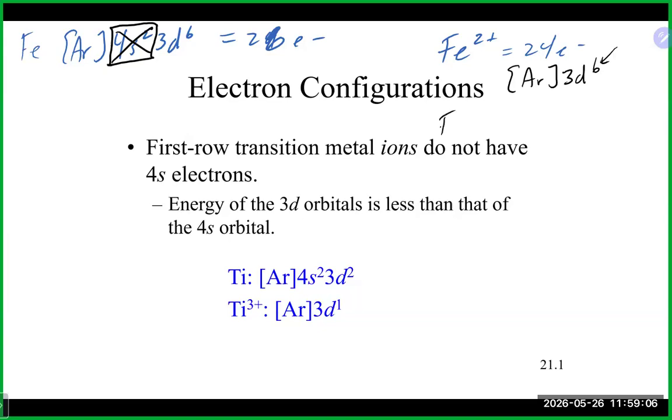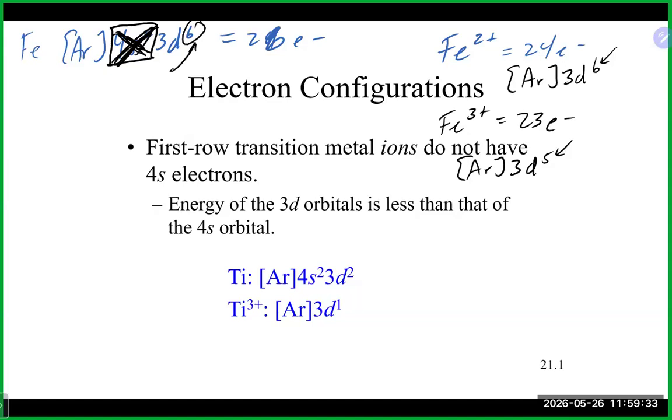If iron went to iron 3+, that would mean it has 23 electrons. Once again, it must still get rid of its s electrons first. Then it will take out an electron from the d, and we would end up with argon 3d5.